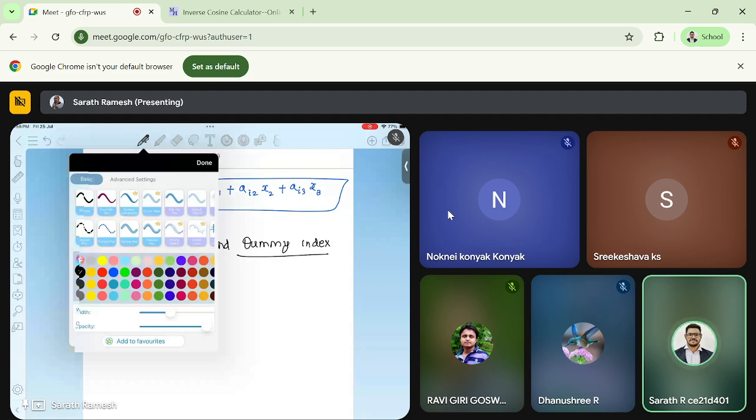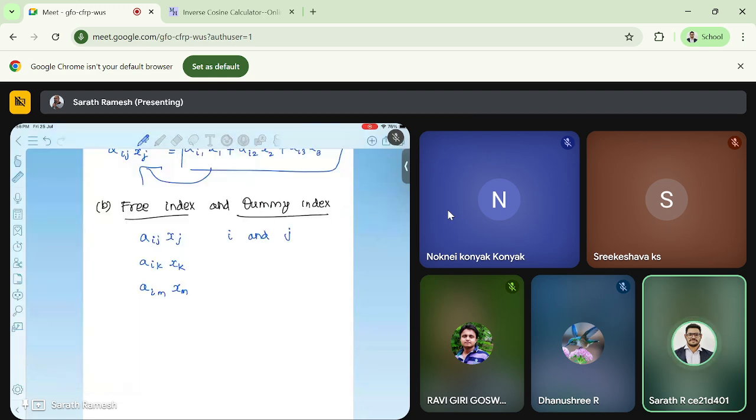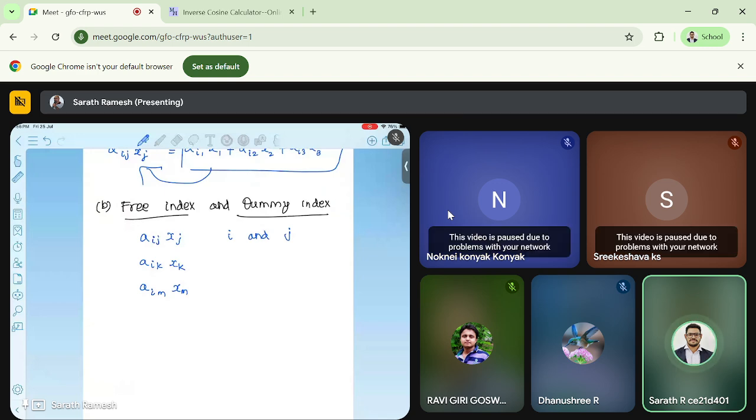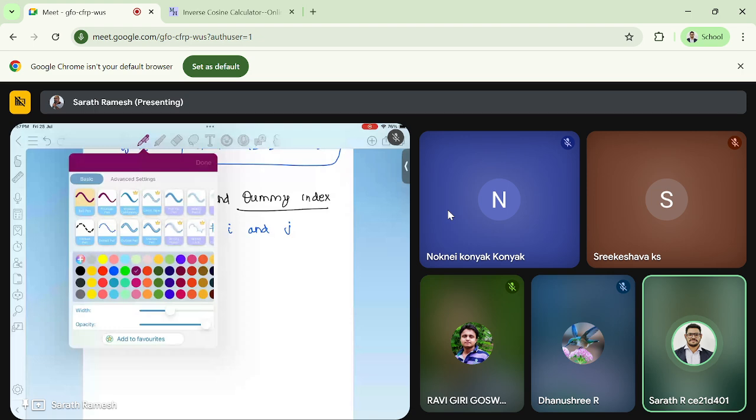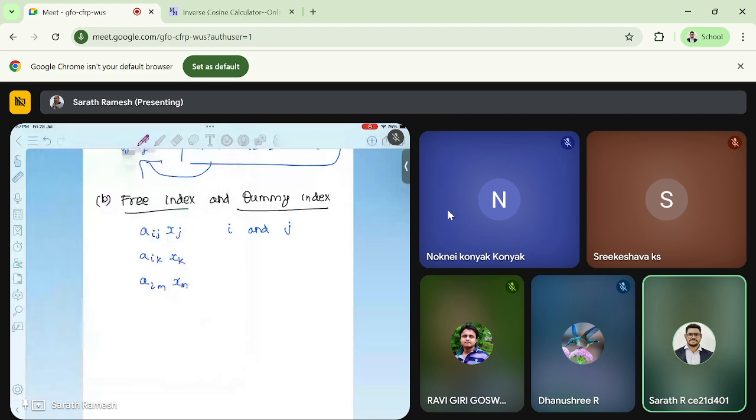And there is an index which is coming only one time, the i here, that is called a free index. So a dummy index you can change with various other alphabets, nothing is going to happen, but the free index is not like that.